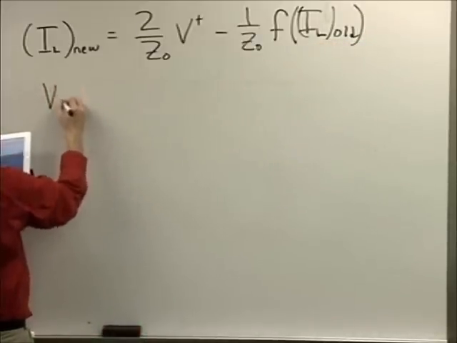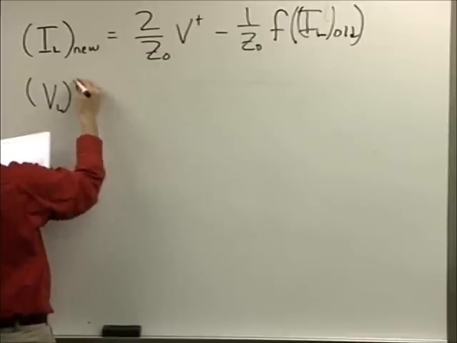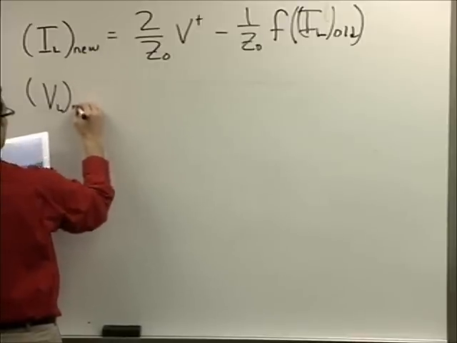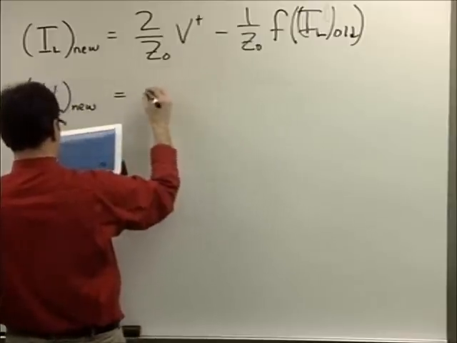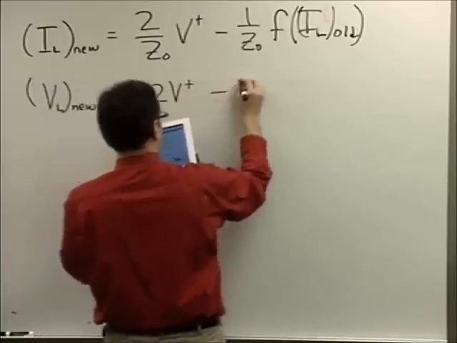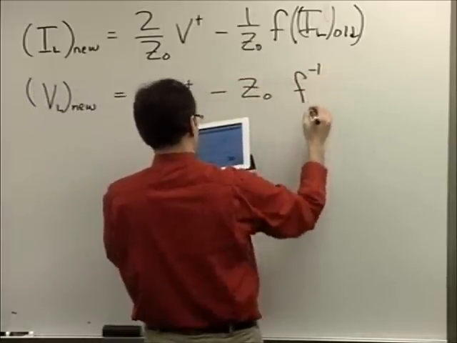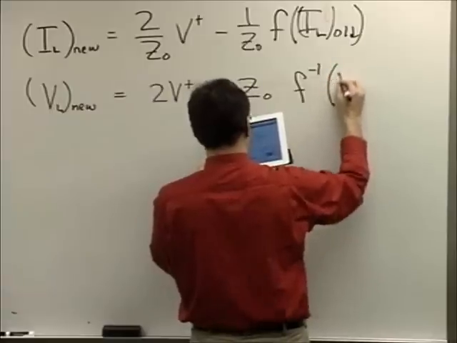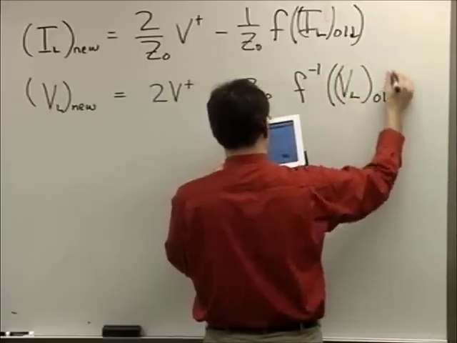If you want, you can rearrange it so that you iterate with respect to V sub L instead of I sub L. And in this case, V sub L new is going to be equal to, by rearranging this equation, 2V plus minus Z naught times the inverse, F minus 1, of V sub L old.